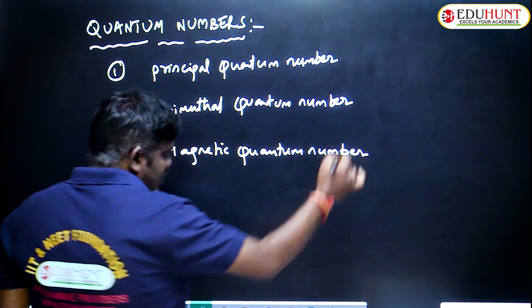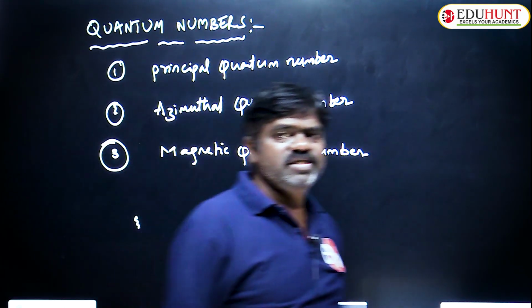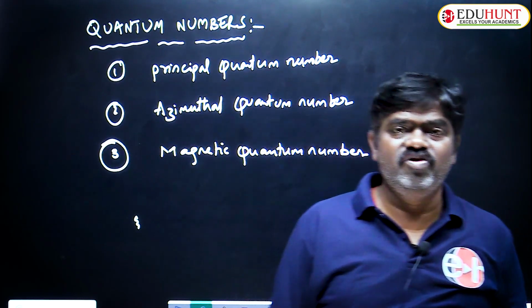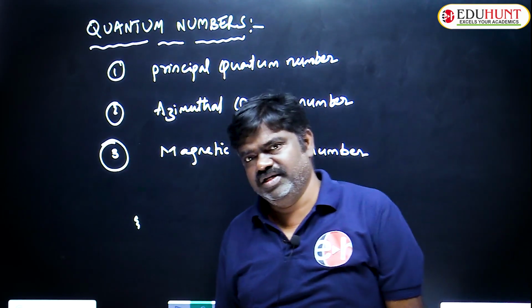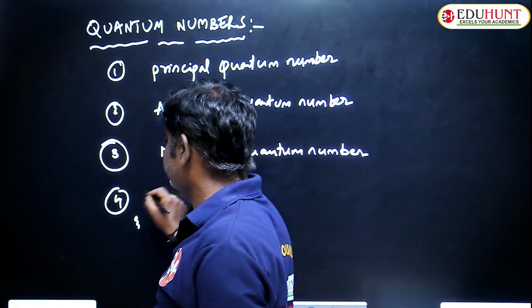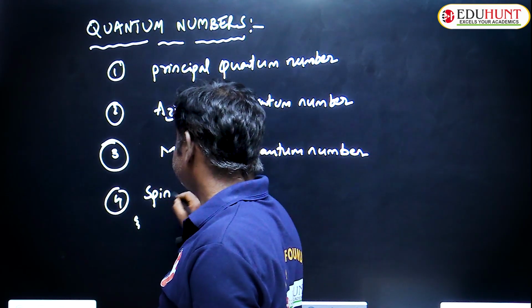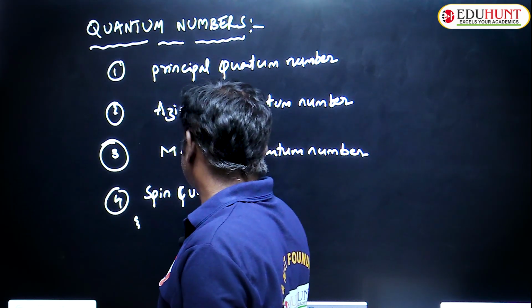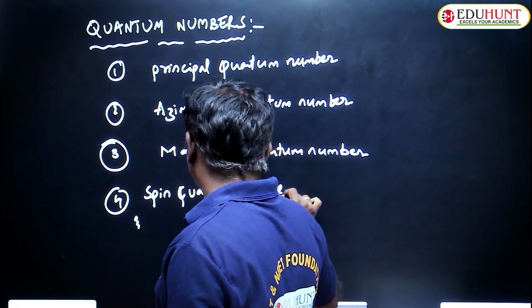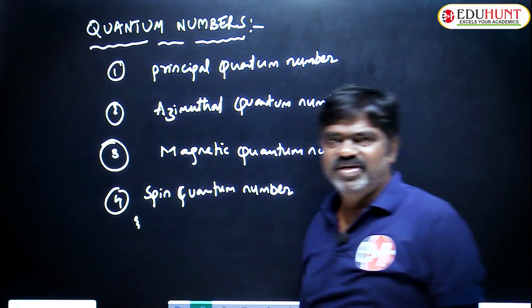After these three quantum numbers, to explain the spin of the electron, another quantum number was designed, known as the spin quantum number. This is the fourth quantum number.